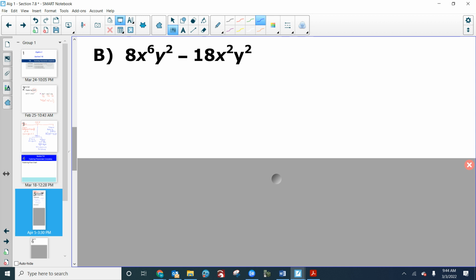Always take out a what first? There's a GCF. See if you guys can see the GCF here. Anybody have any thoughts?